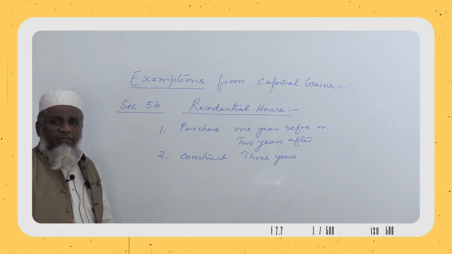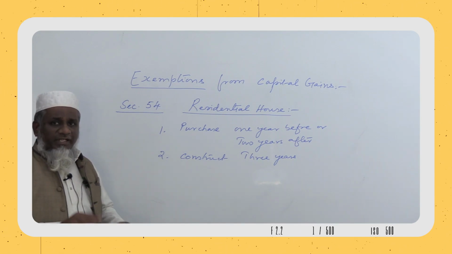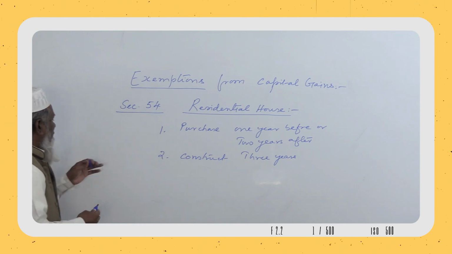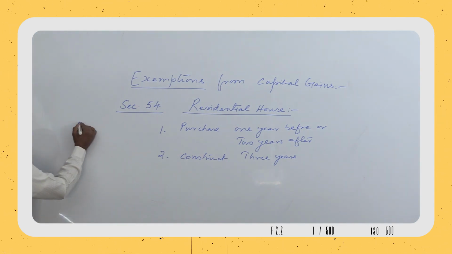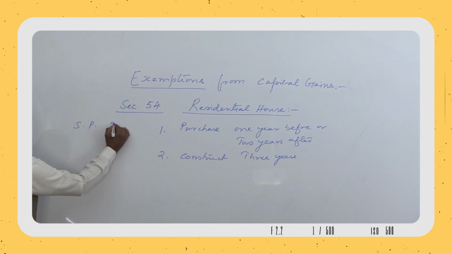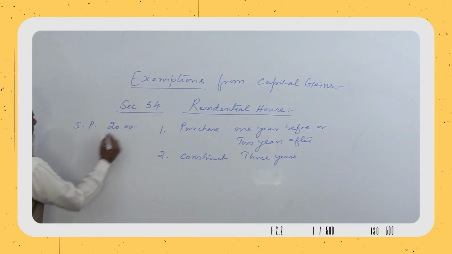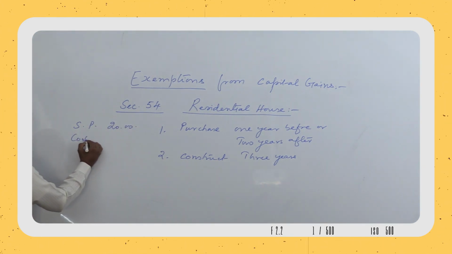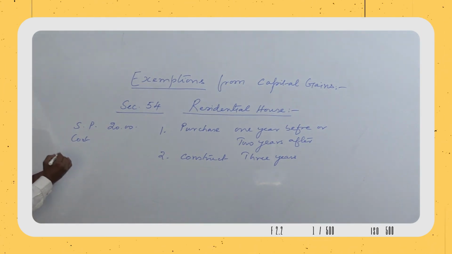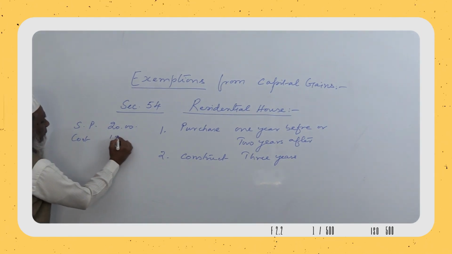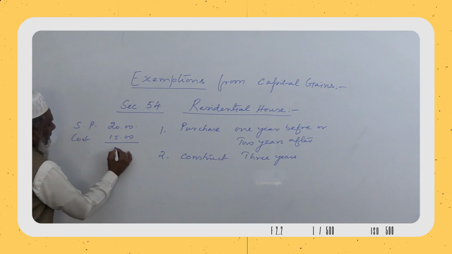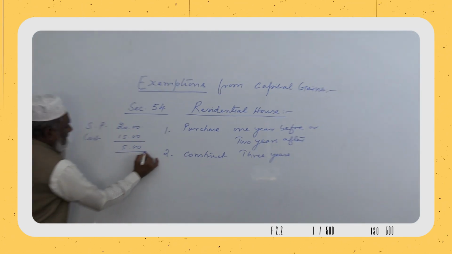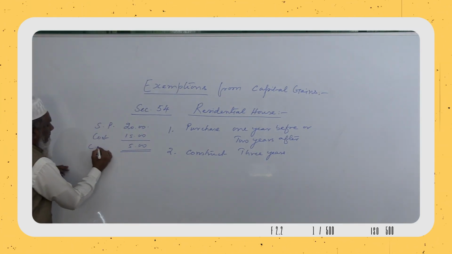The capital gain can be reduced. Let me tell you an example. When the selling price is 20 lakhs and the cost after CII, that is the indexed value, is for example 15 lakhs, the gain is 5 lakhs. This is called long-term capital gain.